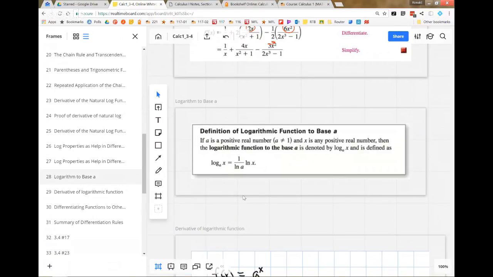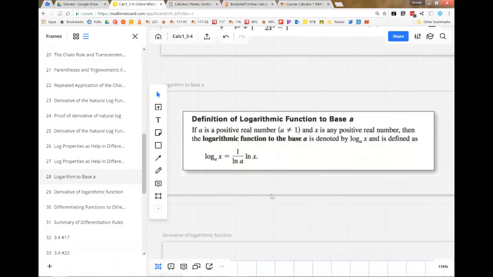And sometimes you do common logs where you have a base 10. So what this is about is what happens when you have a different base. In this case, they call it base a. And a, of course, could be anything except 1. That would be silly. What's 1 to a power? That's like doing nothing. But any other base a, here's how you do it.